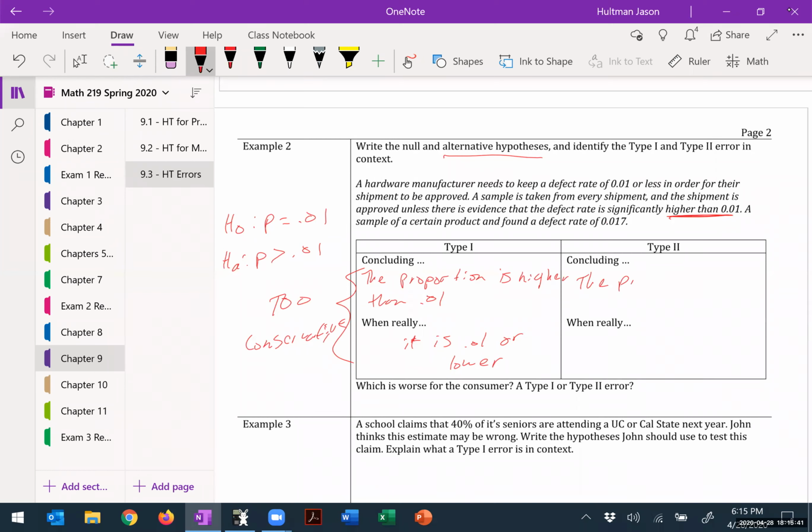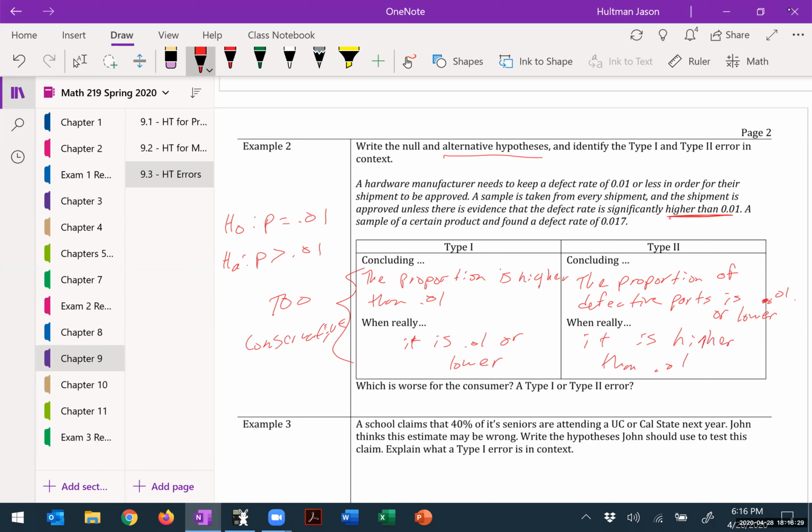So we would say that the proportion of defective parts is 0.01 or lower, when really it is higher than 0.01.